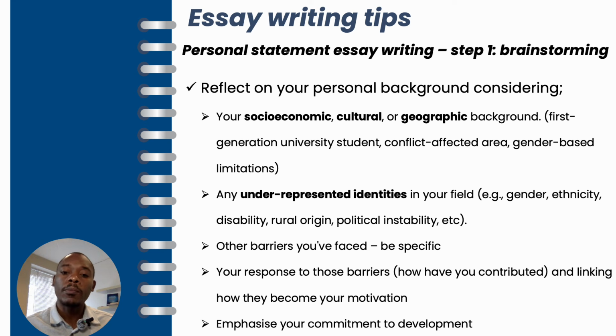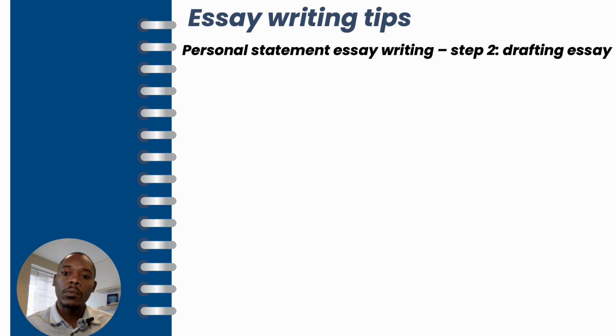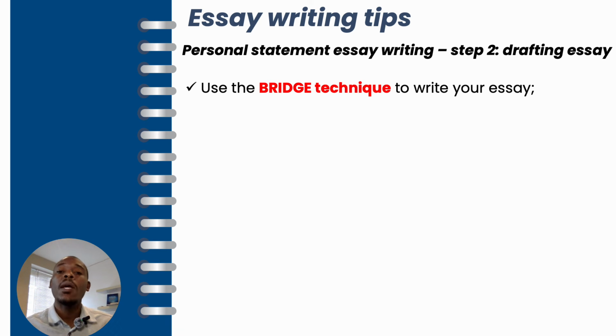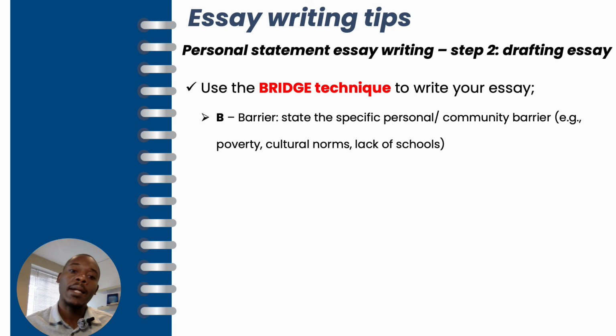Okay, so after brainstorming, it's now time to draft the essay. As you are drafting the essay, you can use another technique that I'm introducing to you. This will help you write in a clear and concise manner. It's called the bridge technique. So what you need to do is first highlight the barrier.